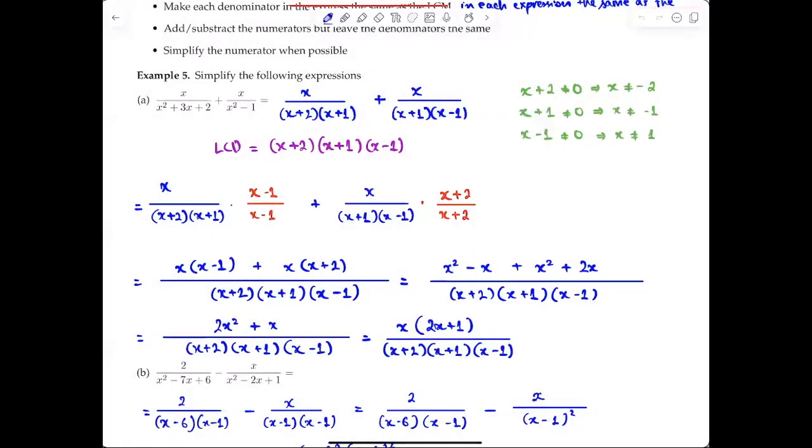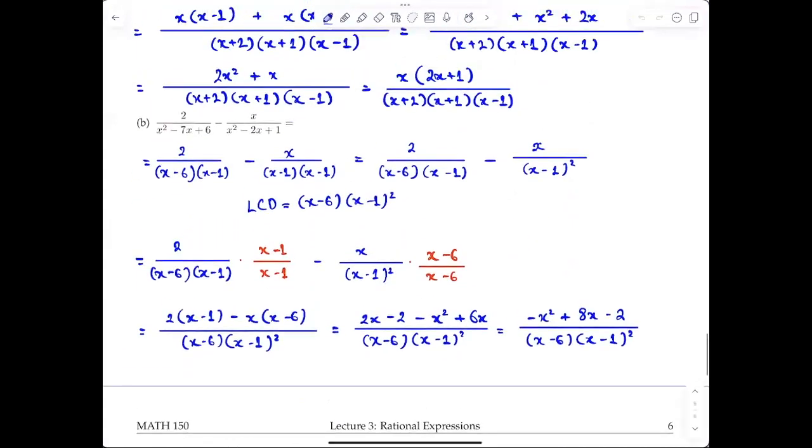All right. So the conditions, I forgot about that, sorry. So the conditions: x minus 6 different from 0, x minus 1 different from 0, so just two conditions.